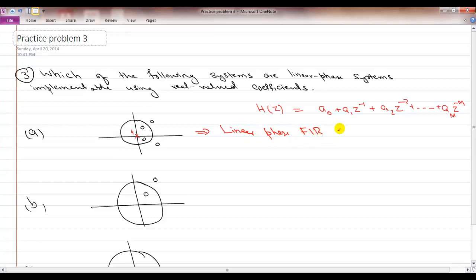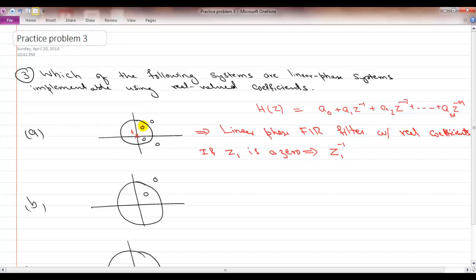FIR filter, and the reason is that if you have linear phase, then you always have the zeros satisfy the relation that if z1 is a 0, this implies that z1 to the minus 1 is a 0.